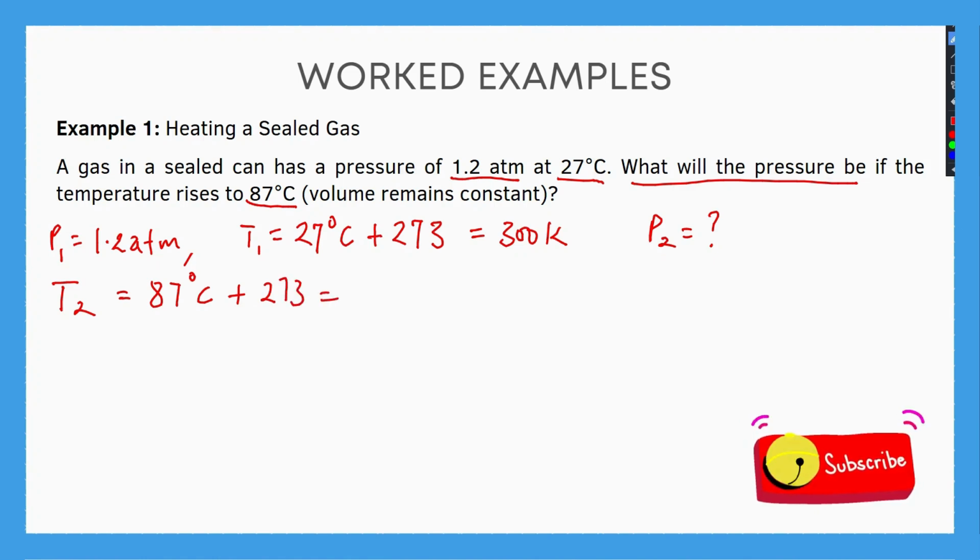When we say 87 plus 273, that gives us a figure of 360 Kelvin. So we have P1, we have T1, we have T2. Let's go ahead and find P2. So the formula says P1 over T1 is equal to P2 over T2.